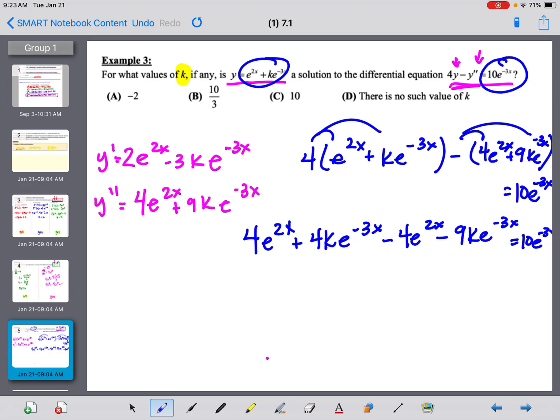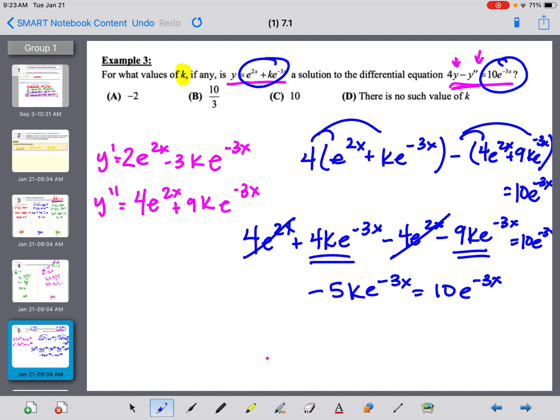Now we start to simplify. Okay, the 4e to the 2x minus 4e to the 2x, that's going to cancel. And then these are like terms as we are looking at them here, so we can combine those together. That's going to give me negative 5k e to the negative 3x equals 10e to the negative 3x.